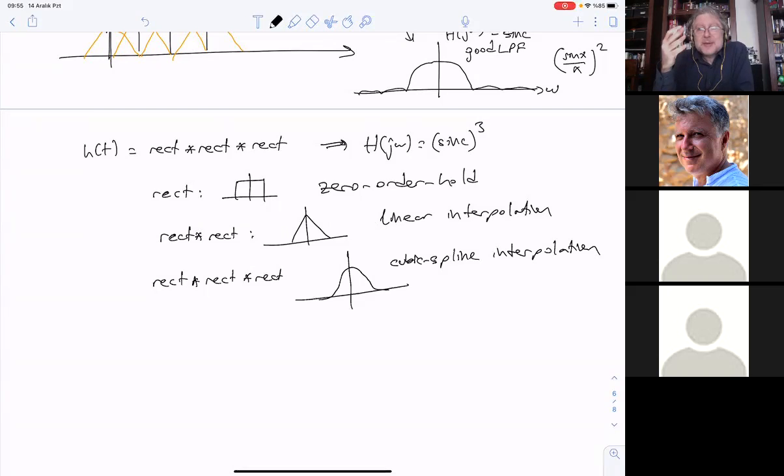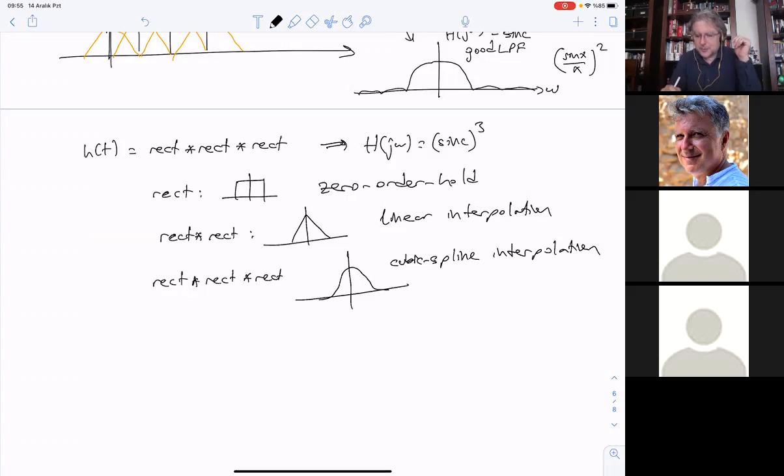The others, by the way, the zero order hold and linear interpolation, are also spline interpolations. They are not cubic, they are lower order spline interpolations. So the more you convolve with a rectangle, you come up with higher order splines, and the interpolations will be smoother and smoother. The first one, the zero order hold, was not smooth at all.